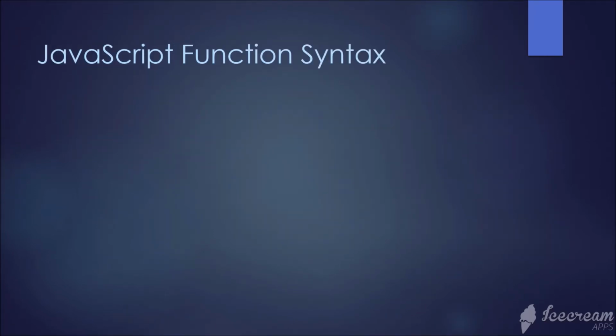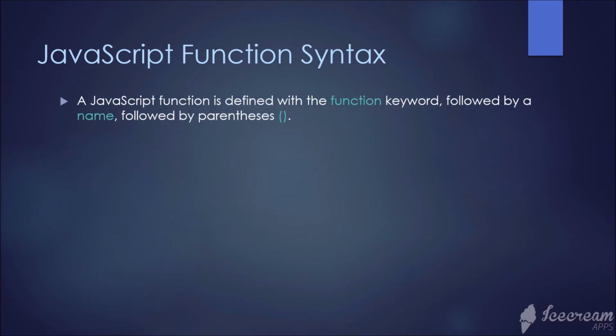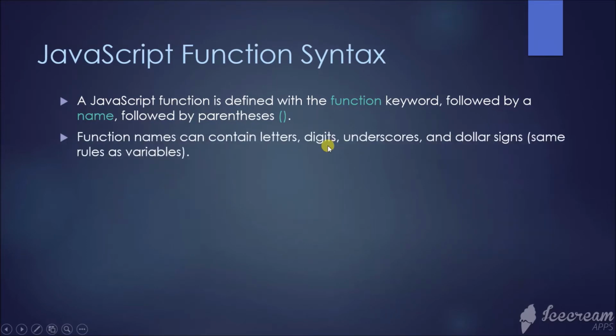Okay, so JavaScript function syntax. A JavaScript function is defined with the function keyword, followed by the function name, then followed by parentheses. Function names can contain letters, digits, underscores, and dollar signs. Same rules as variables.